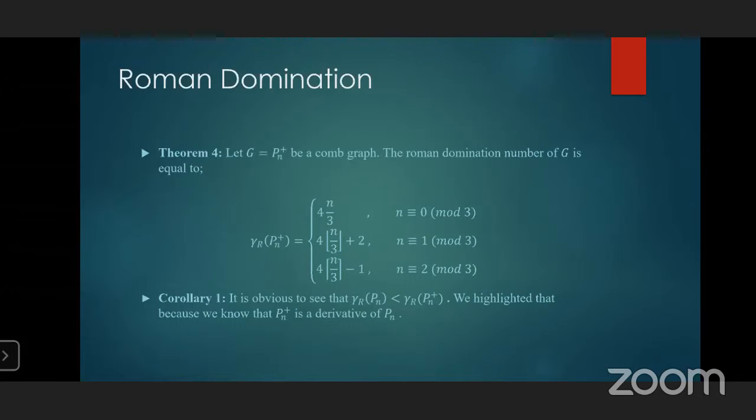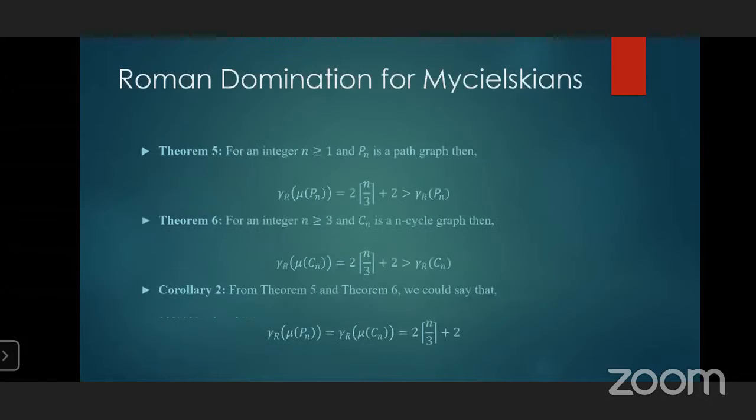However, it's obvious to see that the Roman domination number of the path graph is less than the Roman domination number of the comb graph. We highlighted that because we know that the comb graph is a derivative of the path graph.